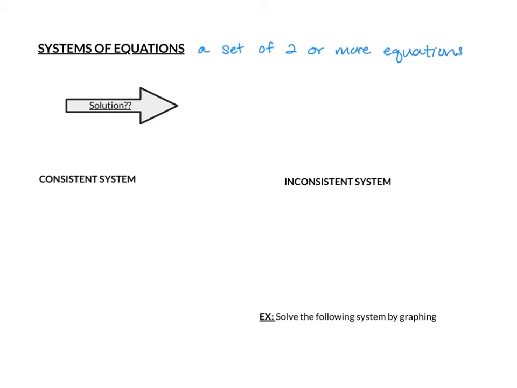Okay. So what does it mean to be a solution of a system of equations? Well, it means that it's a point that makes both equations true at the same time.